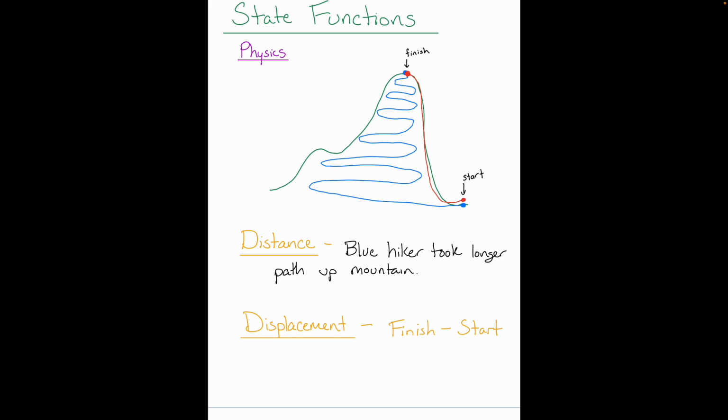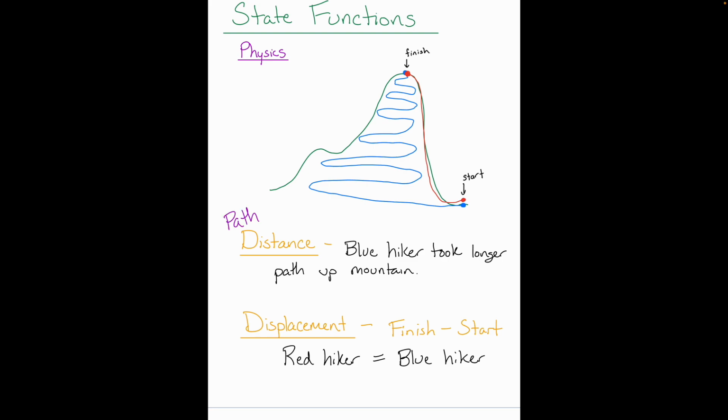They're the same, right? Trick question. They're the same. They both started in the exact same place. They both ended in the exact same place. So our displacement for our red hiker and our blue hiker are equal.